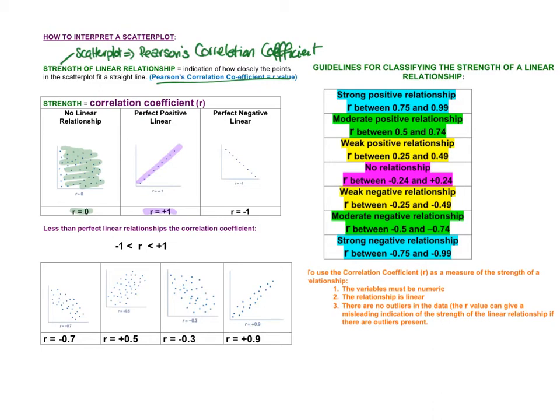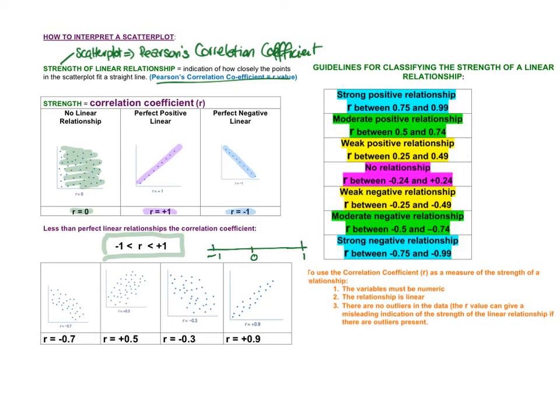You can see if you have a perfect negative, you get a negative 1. So what that tells us is that the R value will always be somewhere between -1 and 1 on your number scale.